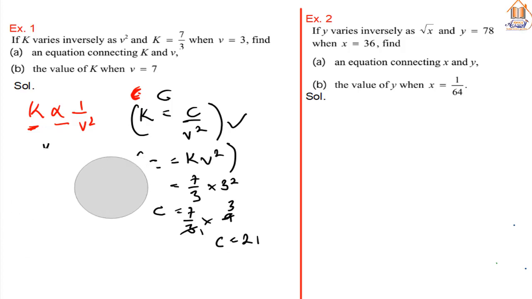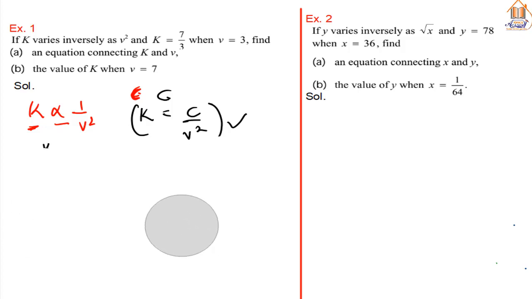Part (b) of the question says that we should find the value of k when v is equal to 7. Now how do we find the value of k when v is equal to 7? You recall that our equation connecting k and v is k is equal to 21 over v squared. To find the value of k when v is equal to 7, we are going to substitute v is equal to 7 in this equation.